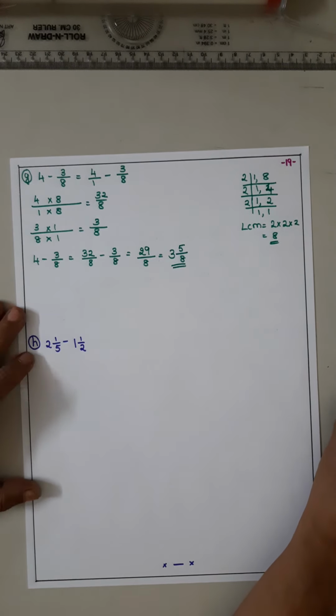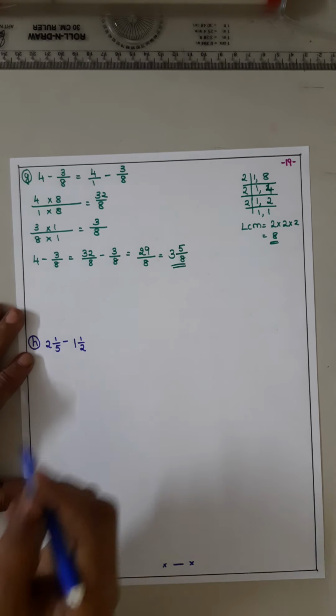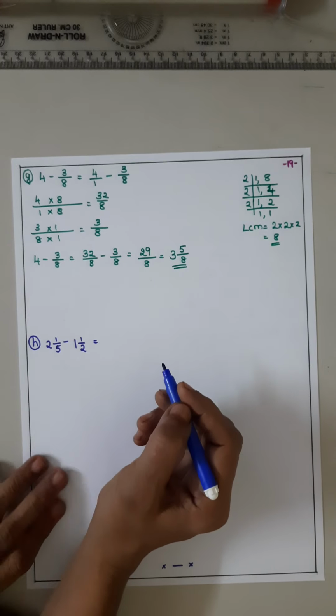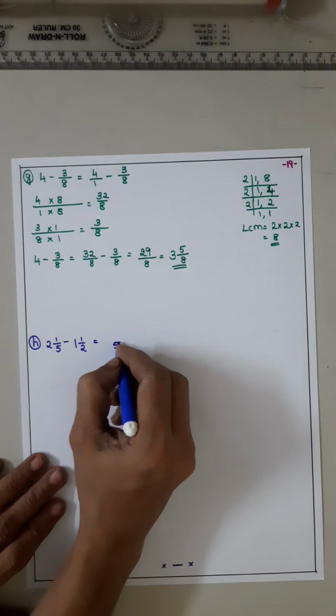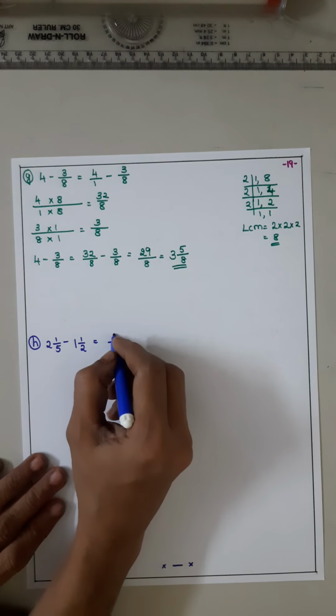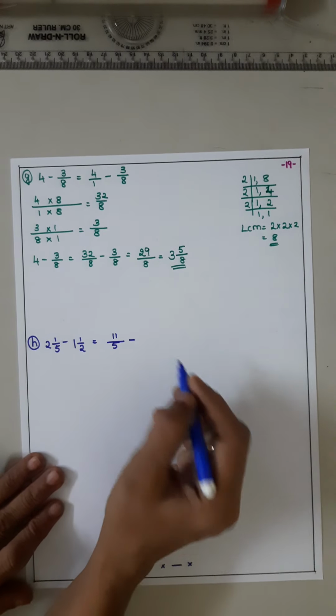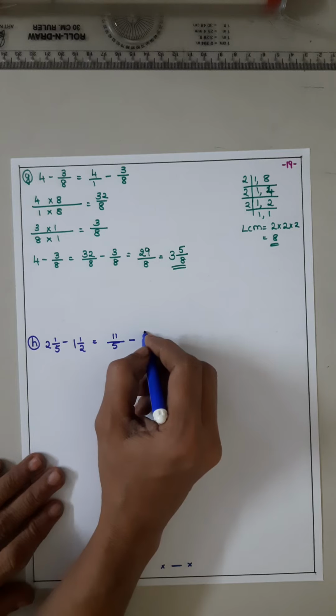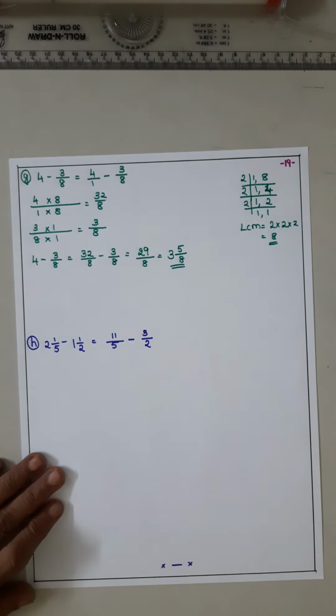Clear? Now coming to the last sum. So what we have to do? First convert into the improper. 5 twos are 10 plus 1, 11 minus 2 ones are 2 plus 1, 3.